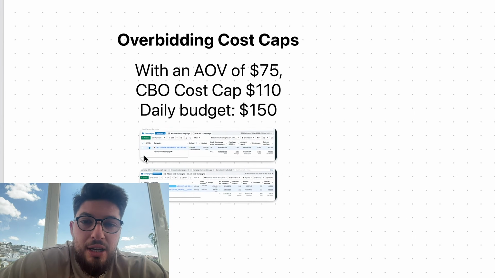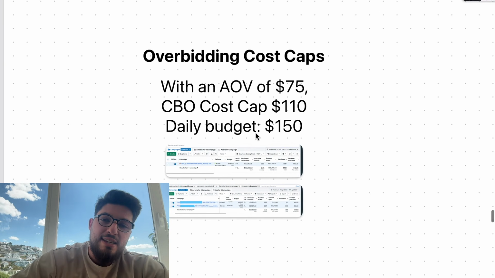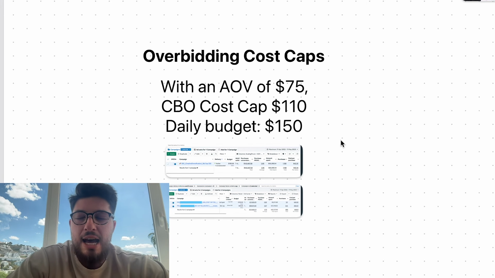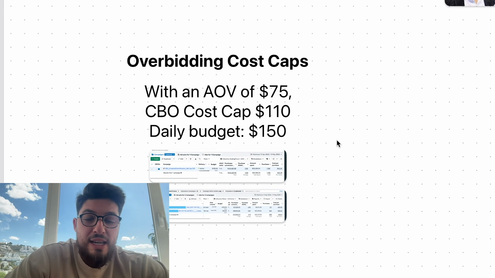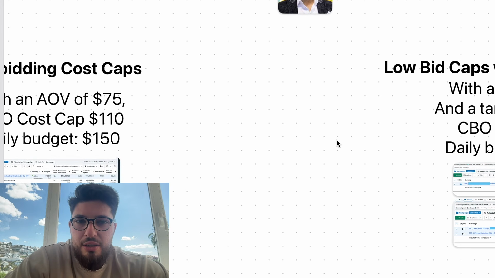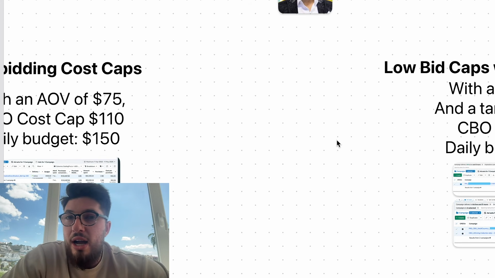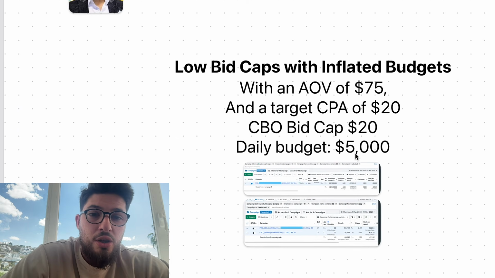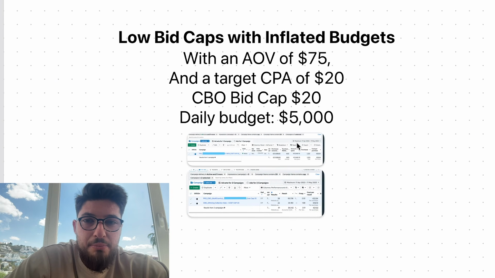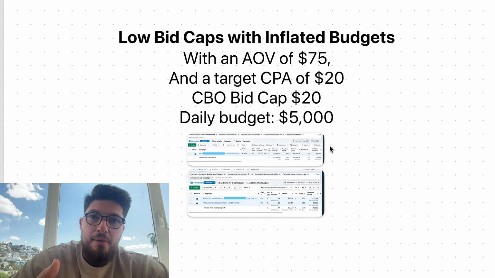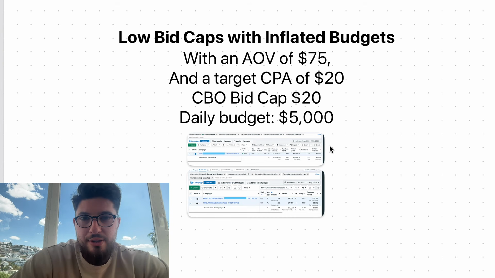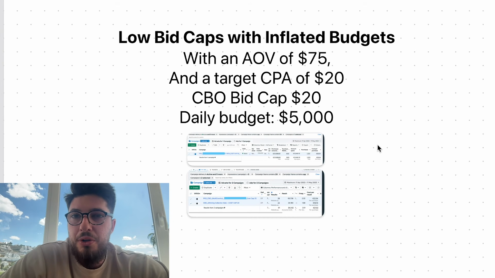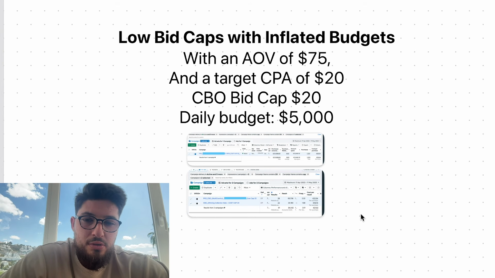So understand why it's worth it and then pick a strategy. I would recommend everybody, after you do the cost cap test, go with overbidding. It has more advantages. But if you're in a season where you have to protect your profit and you don't care about spending 1K today and $150 tomorrow, you can go with low bid caps with inflated budgets, okay? And max value, I would introduce right after this if you have an AOV superior to $80, okay?